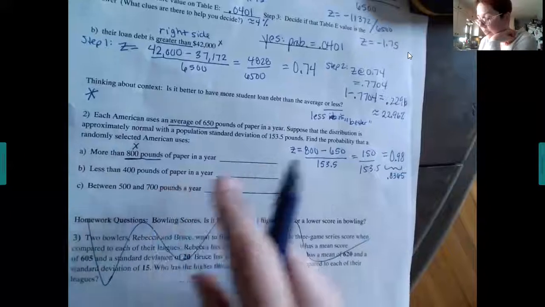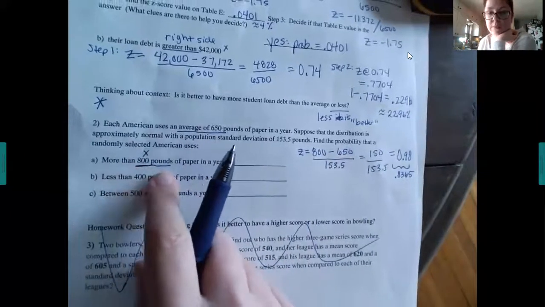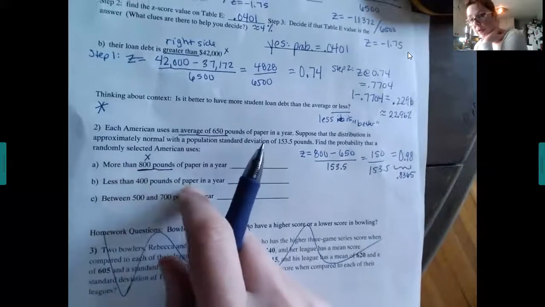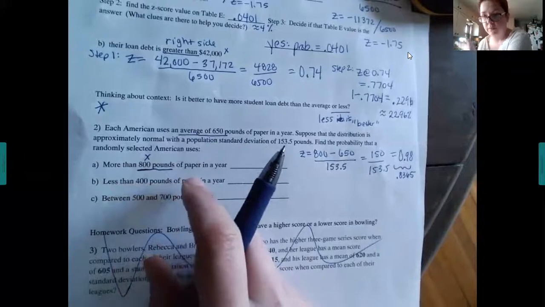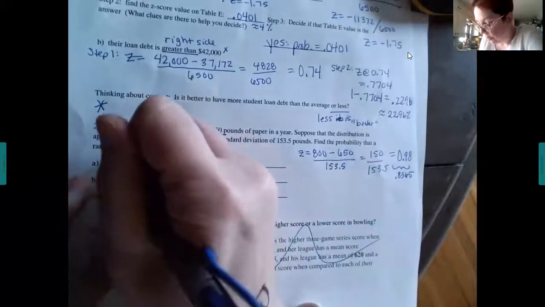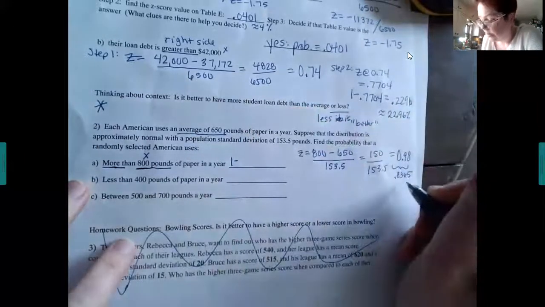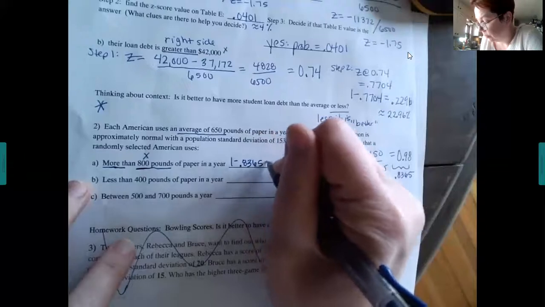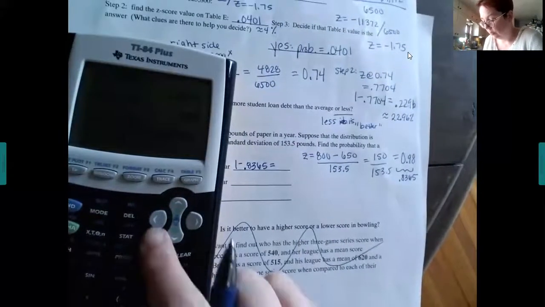So here it's asking about the probability of more than 800, okay? More than is also another way to say greater than, which is also another way to say to the right of whatever we look up, which means we're going to have to do 1 minus that probability that we looked up.